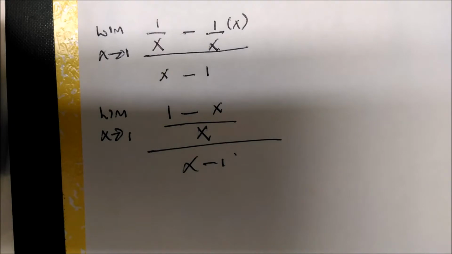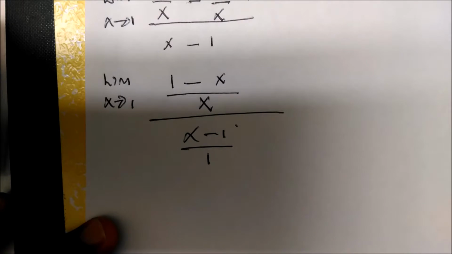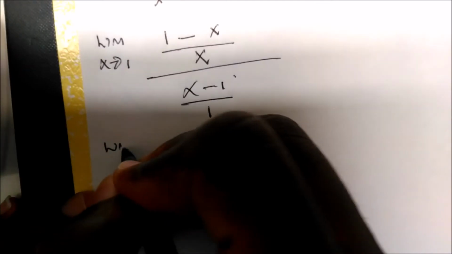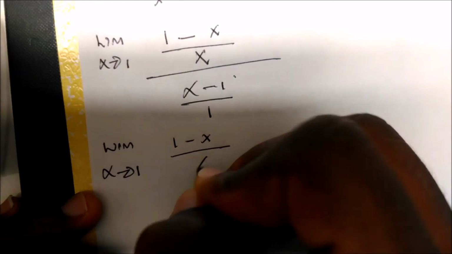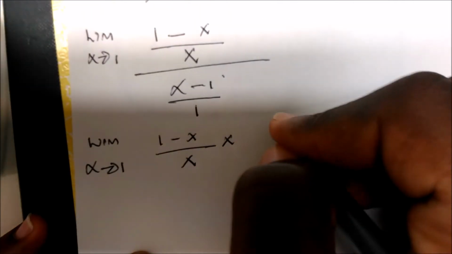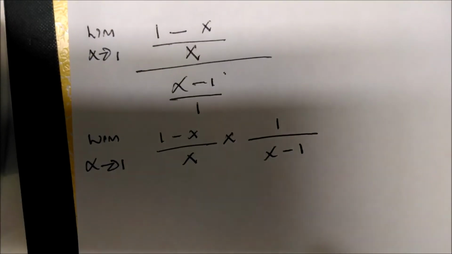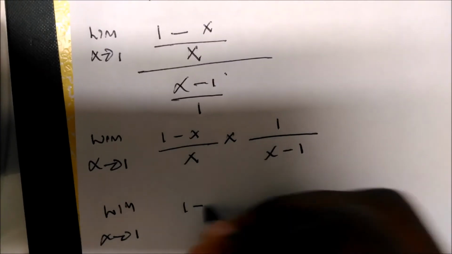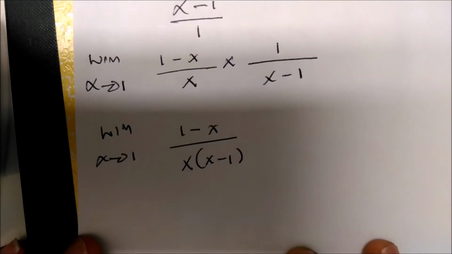And I'm going to put this divided by 1, just so when I multiply, I do not make a mistake. So the limit as x approaches 1 is going to be 1 minus x over x multiplied by 1 over x minus 1. So the limit as x approaches 1 is just 1 minus x over x times x minus 1.